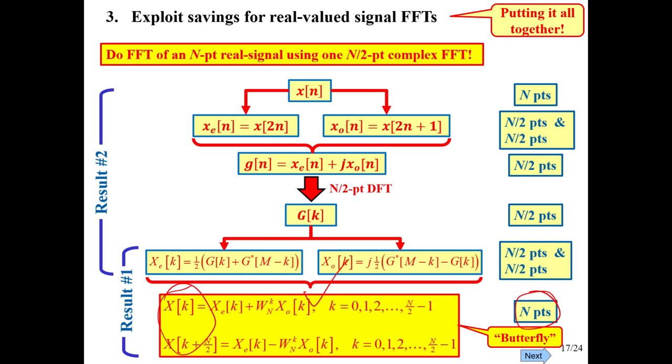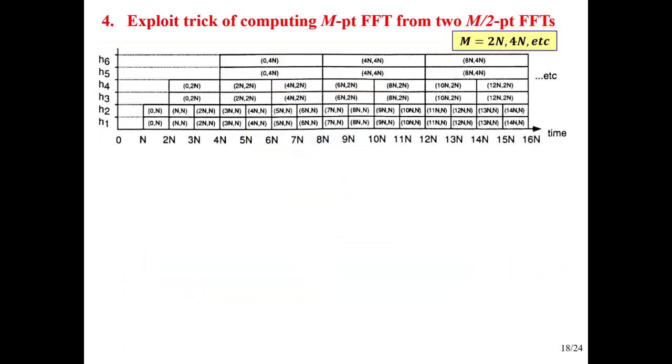So there's our little butterfly structure. So believe it or not, this saves computation. I know it always seems weird when you do these mathematically complicated things, but then they end up saving numbers of computations. It's really quite remarkable. Okay, so that's trick number 3.